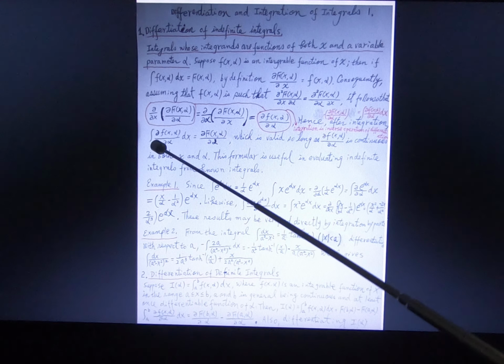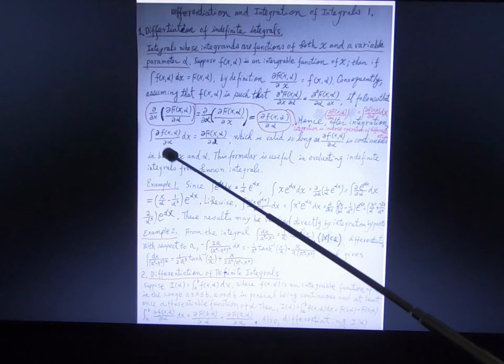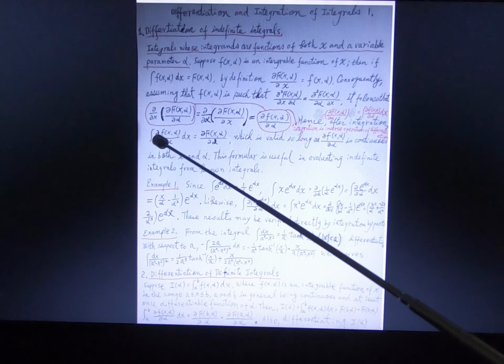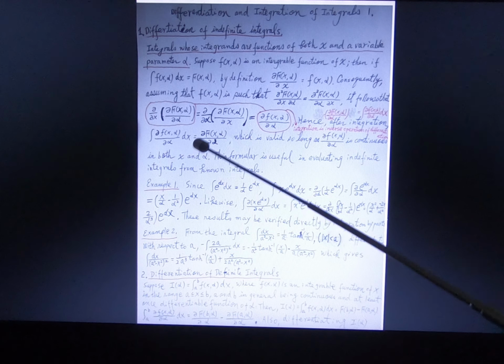Now, if we assume that the variable can be changed, and it follows that this expression holds, then after integration you can see the differentiation can be on the small f function, and it is equal to the big F(x, alpha) differentiation.